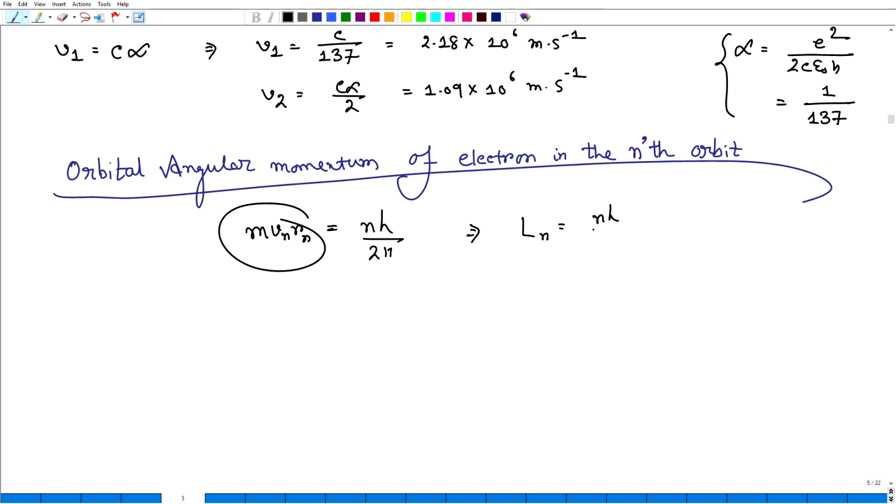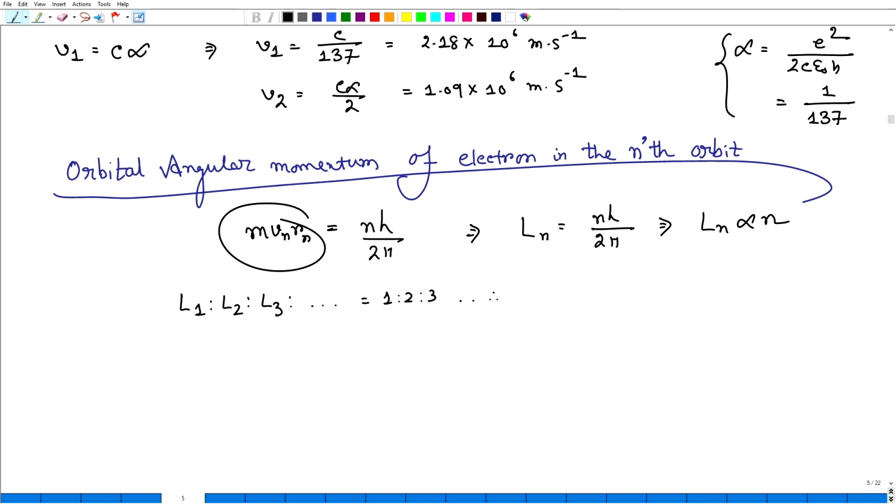So, clearly L_n is proportional to n. That means if you increase the orbit, increase n, the angular momentum will increase linearly. So, you can write L1 : L2 : L3 and so on equals 1 : 2 : 3 and so on.